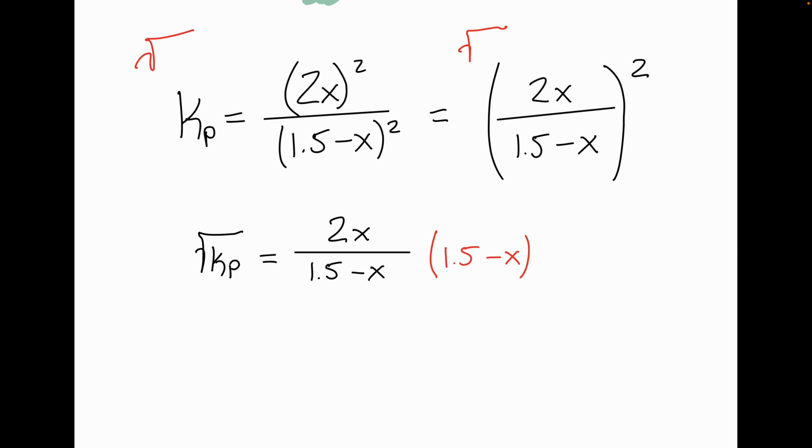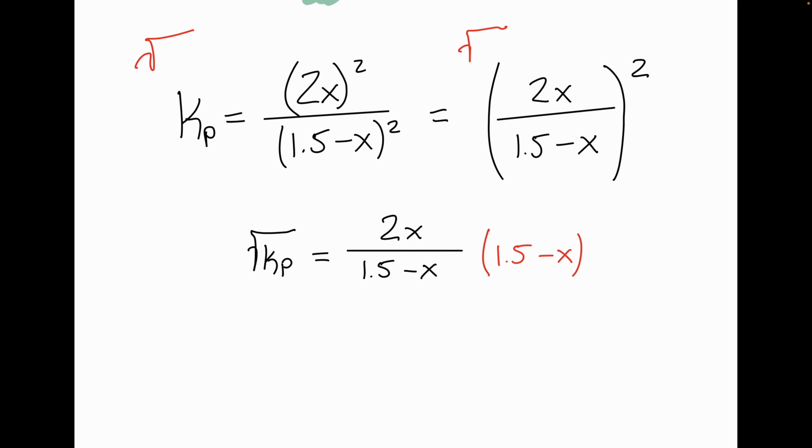However, we can definitely get it unstuck by multiplying both sides by that 1.5 minus x, right? By that whole thing that's in that denominator. That cancels it out over here. Okay, we need to get those x's together, though. I have an x on the left and an x on the right, right?